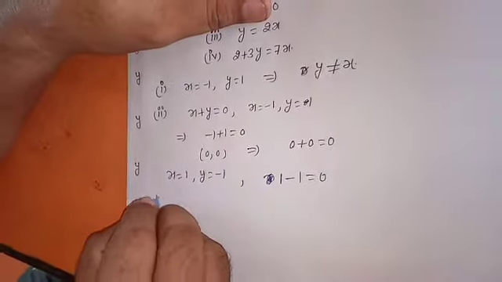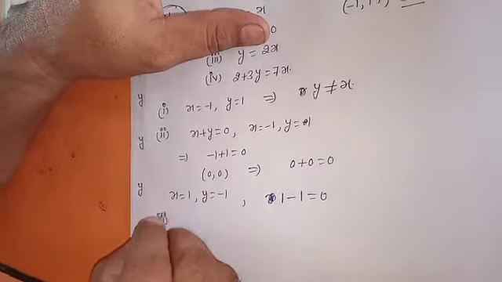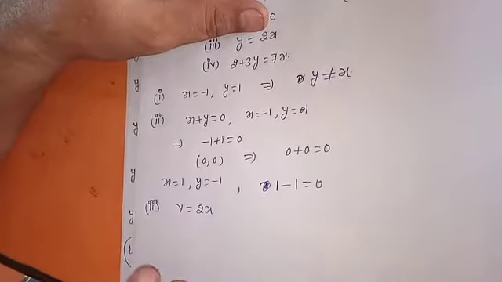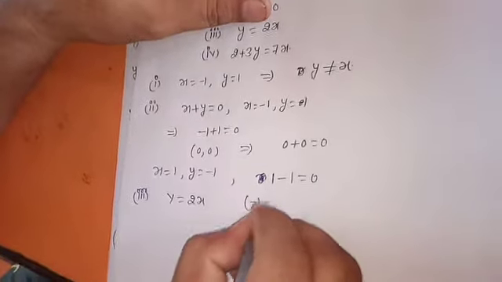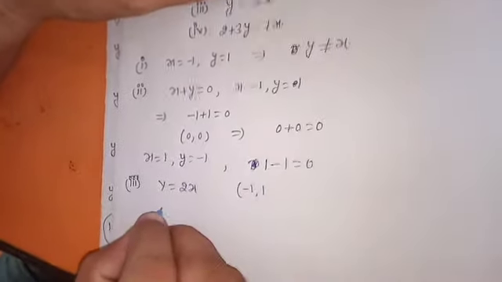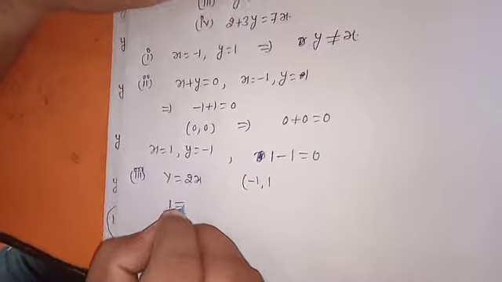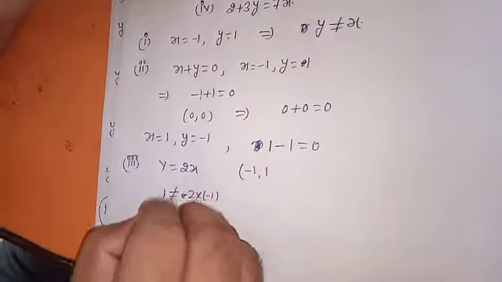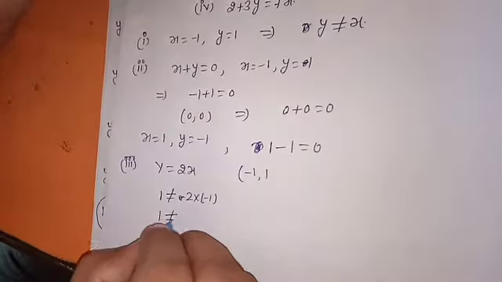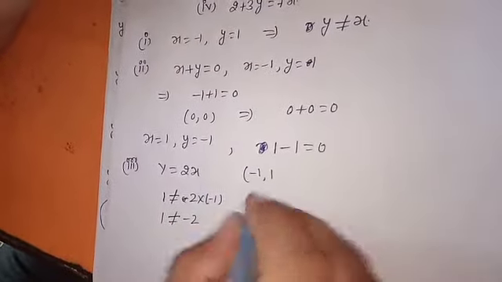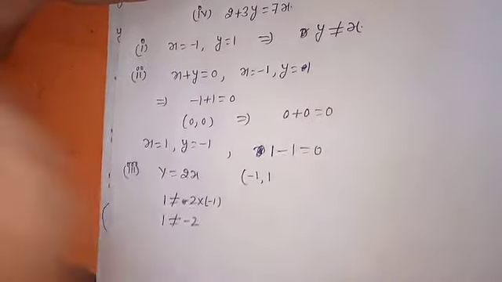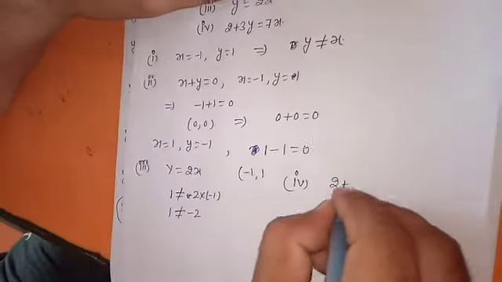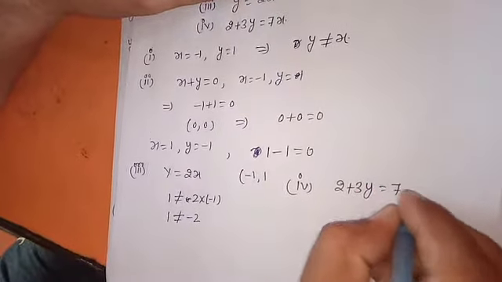Now third part you can take. Third part, y equal to 2x. So first point take -1 and 1. So it means 1 is equal to 2 into -1. Not equal. 1 is not equal to -2. It means not satisfying. So it's not a graph of this equation also. Fourth one, 2 plus 3y is equal to 7x.